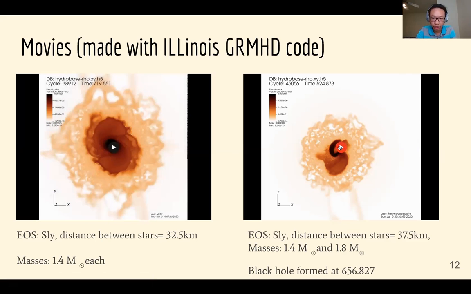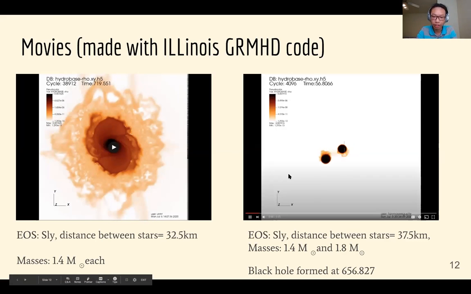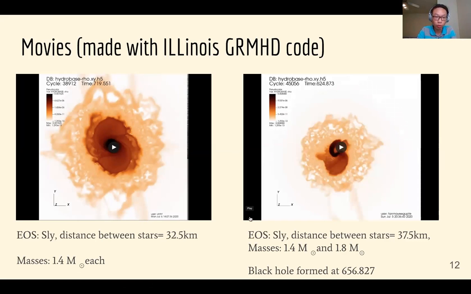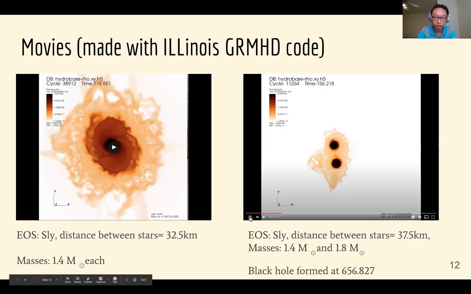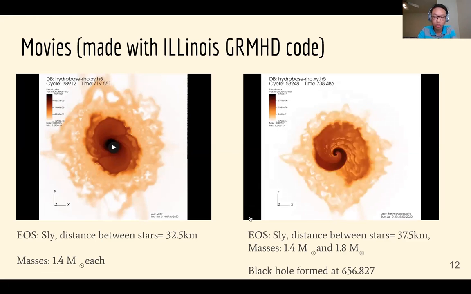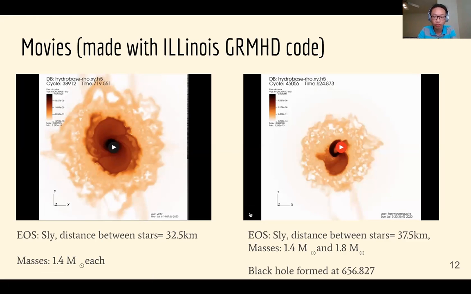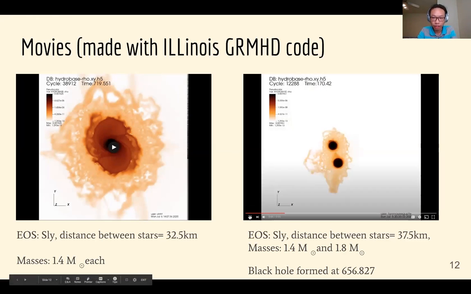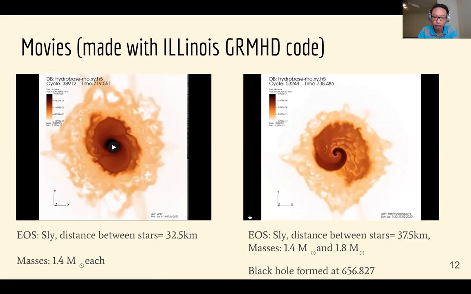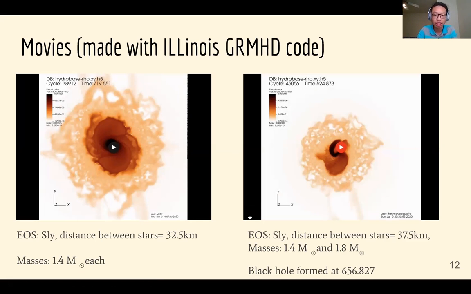The second video is for two stars, one at 1.4 solar masses and one at 1.8 solar masses, using the SLy equation of state and an initial distance of 37.5 kilometers. You can see that a black hole is formed at time 656.